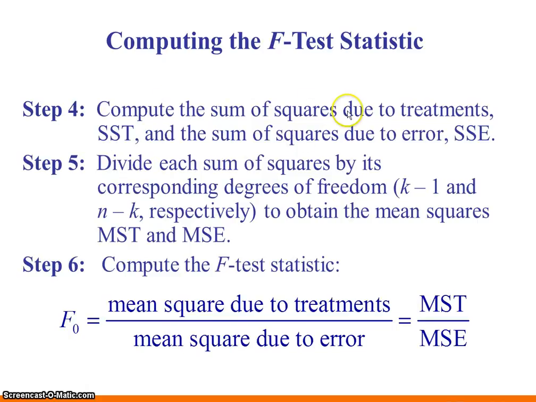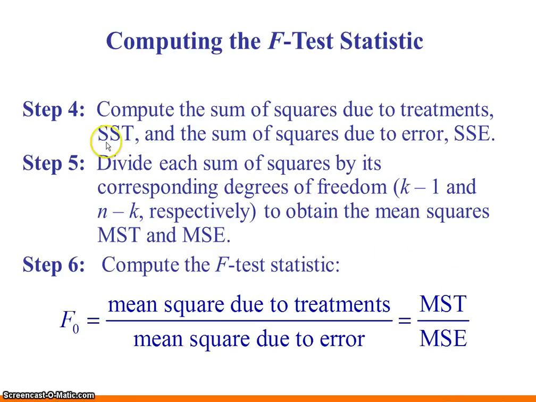And then compute the sum of the squares due to treatments, the SST, and then the sum of the squares due to error, which we'll call SSE, and then divide each sum of the squares by its corresponding degrees of freedom. So you would divide the SST by k minus 1 and SSE by n minus k respectively, and that will give you the MST and the MSE.